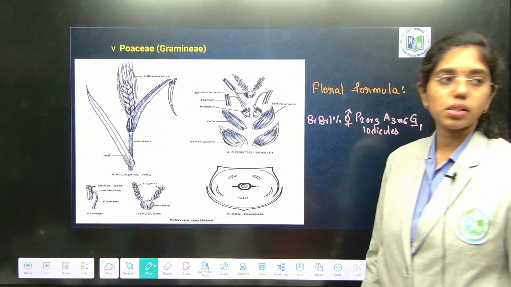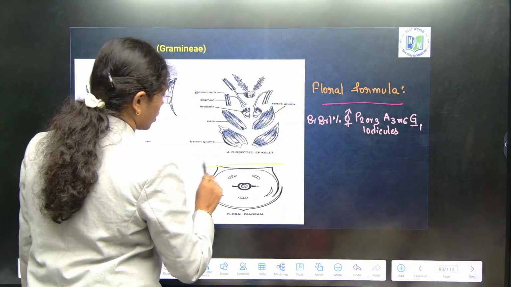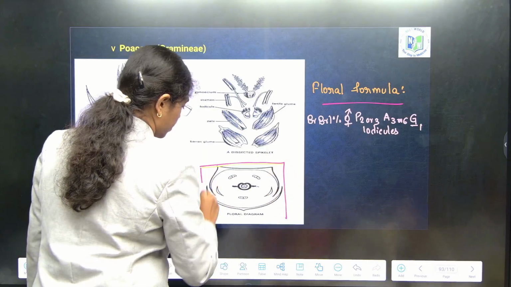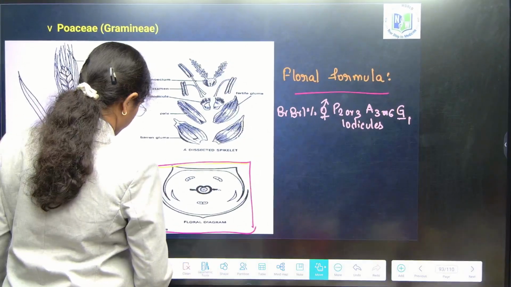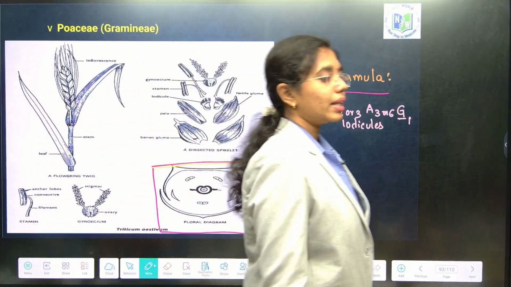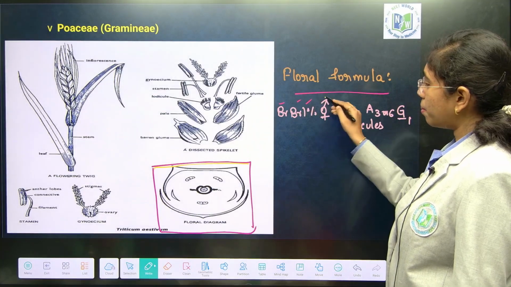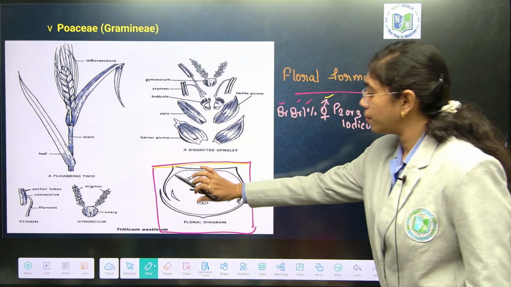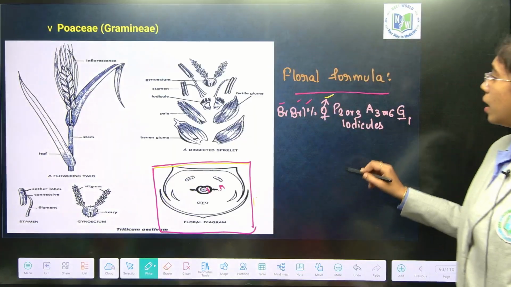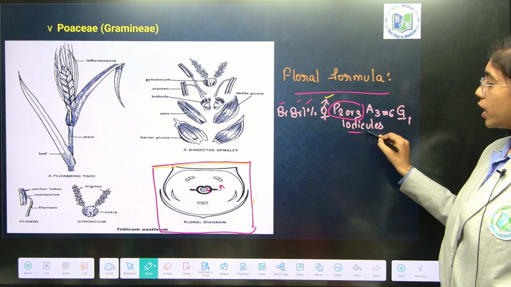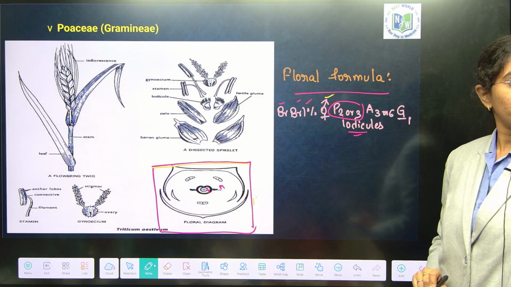Last, Poaceae members. Floral diagram and floral formula you see. This is the floral diagram. Listen carefully. It is bracteate and bracteolate, both are present. Bracteate, bracteolate, zygomorphic, bisexual. It has both androecium is present, gynoecium is present. Perianth is reduced to lodicules, which are much reduced structures than perianth. 2 or 3 perianth structures will be there.